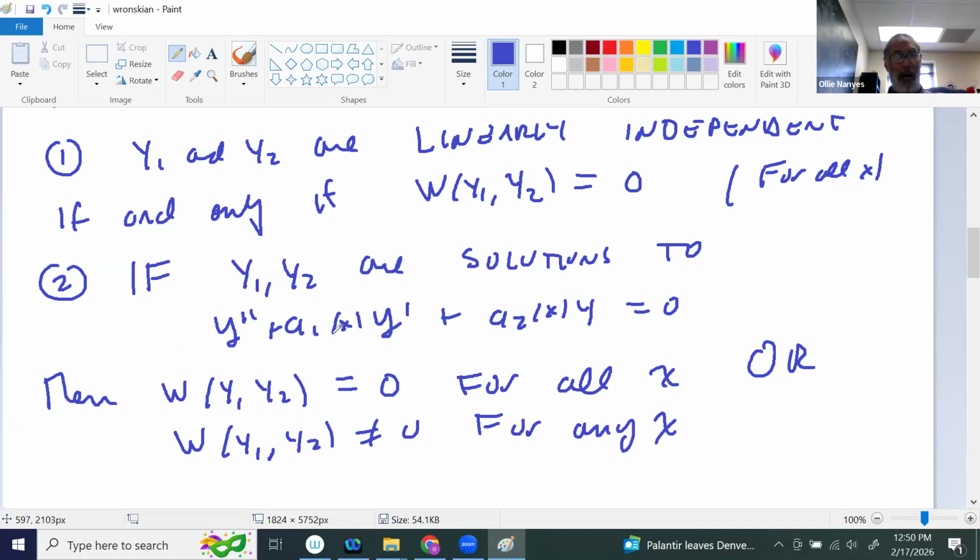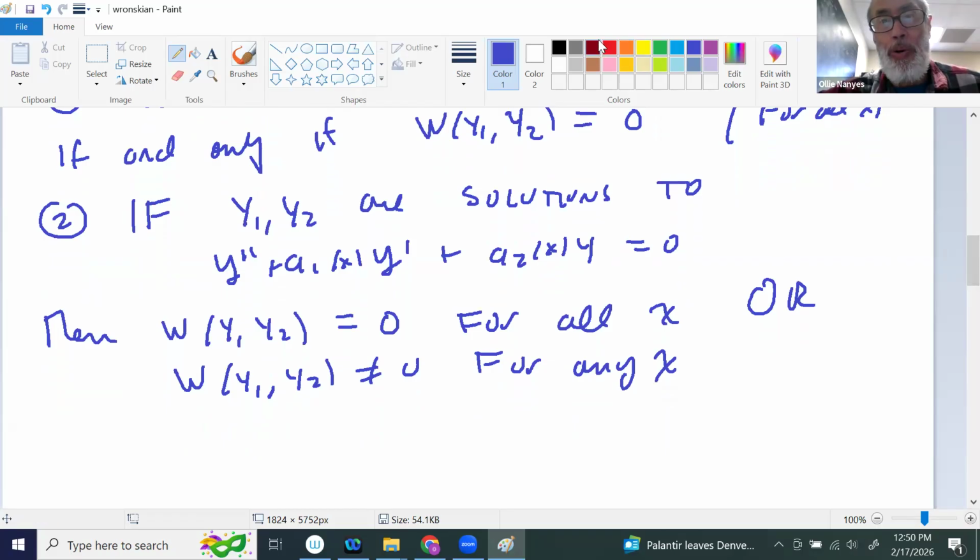And so if you combine fact 1 and fact 2, this is important because of what these two things mean. They mean the following.